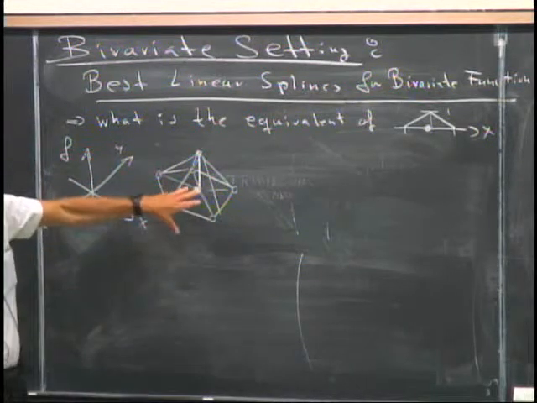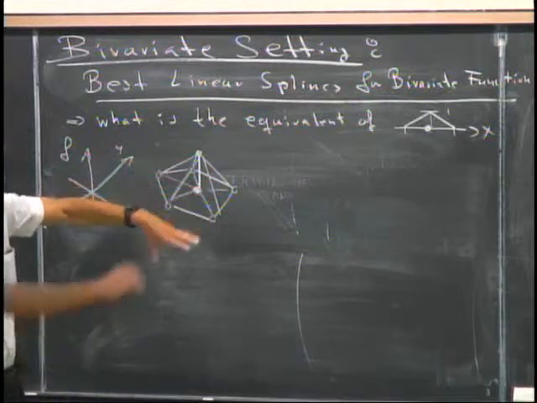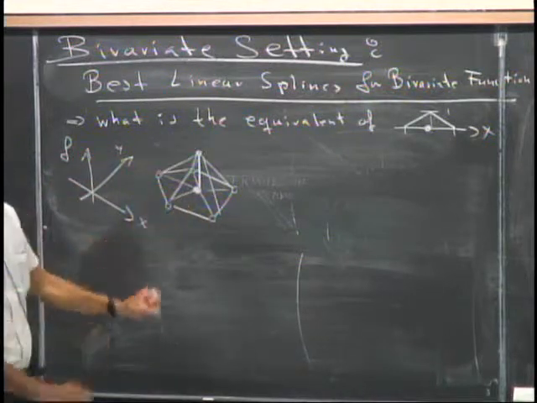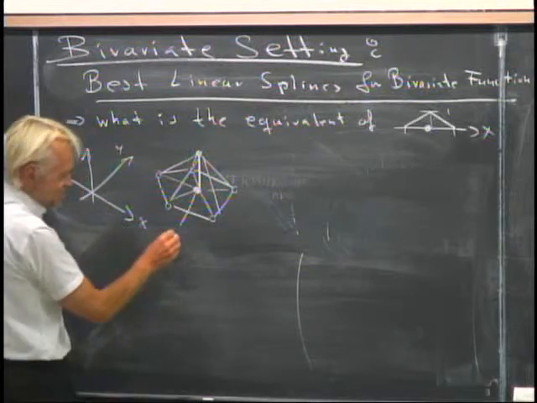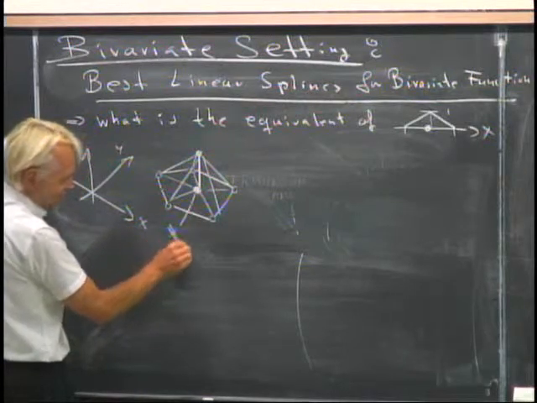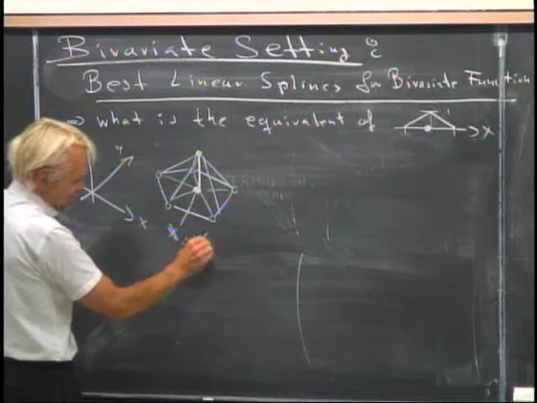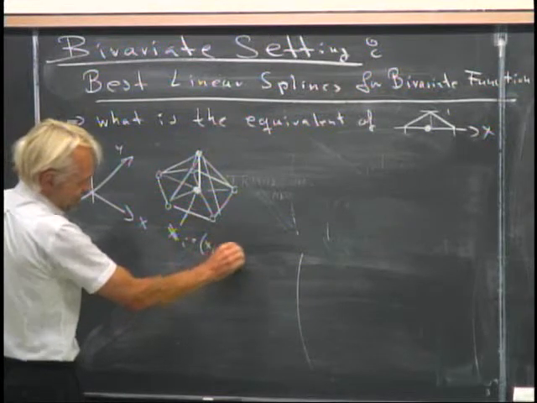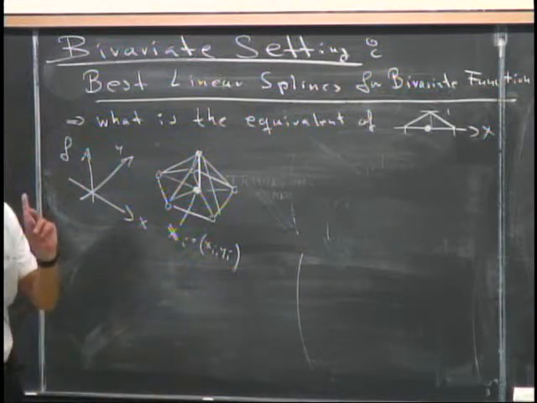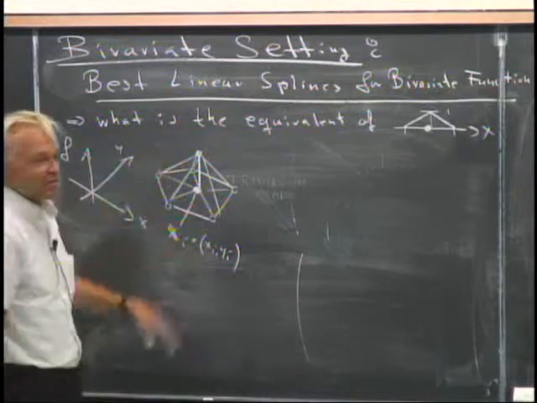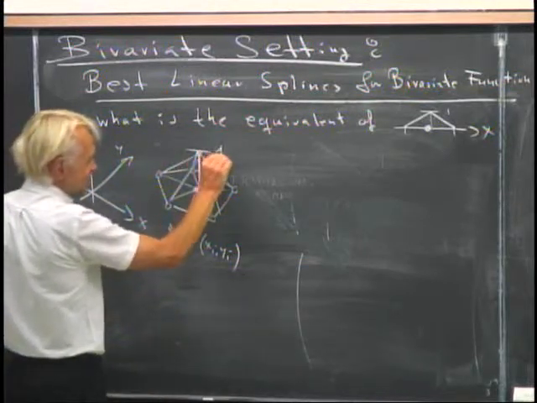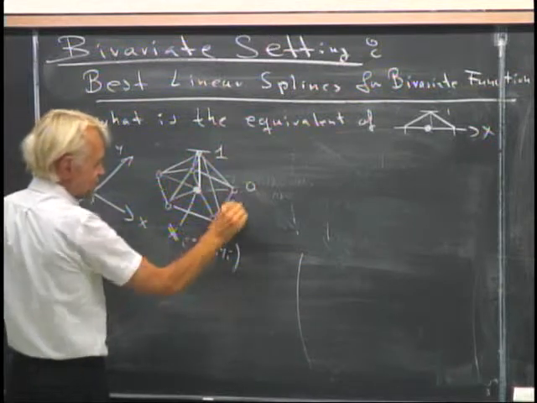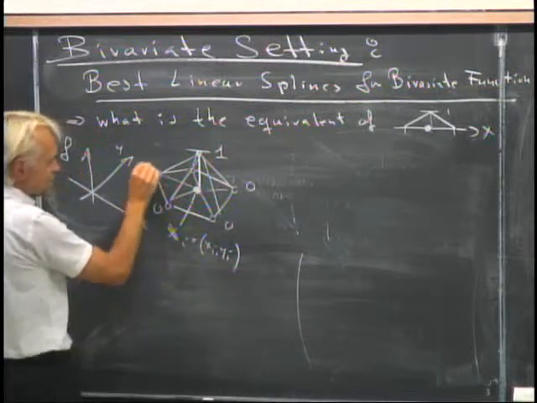I can construct this tent, this function everywhere, obviously, right? I do the same construction everywhere. So this site is point xi. Well, it's a tuple. It is an xi, yi. Just one index, okay? I just number them from 1 to n, or from 0 to n. And this height value here is height value 1. And these guys are all zeros down here.